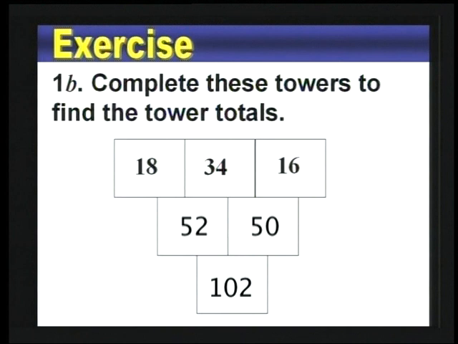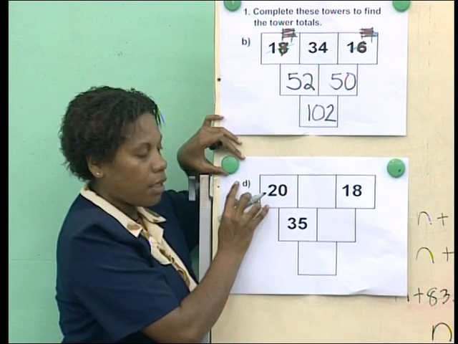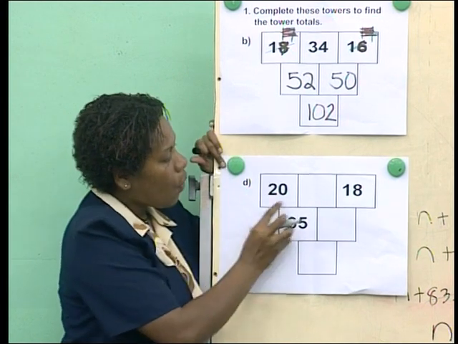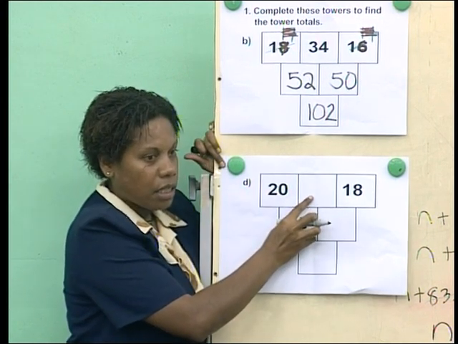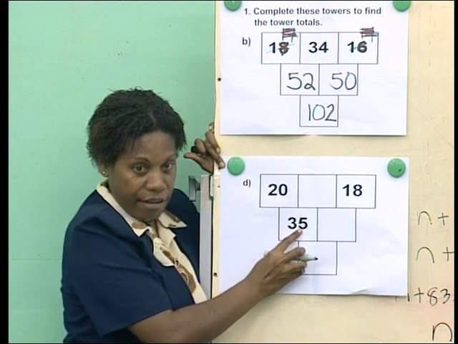Okay, good. D. For D, what goes in the second box? 15. Why 15? 20 plus 15 is 35.